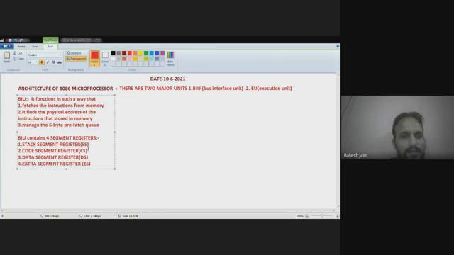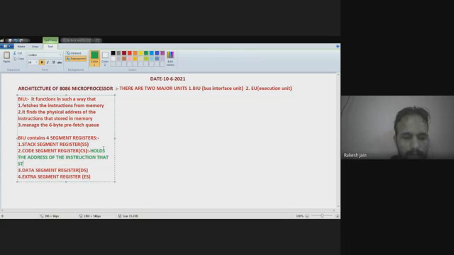What is the function of the code segment register? It holds the address of the instructions stored in the code segment of memory.